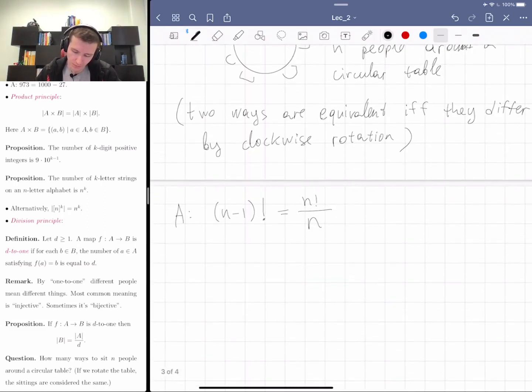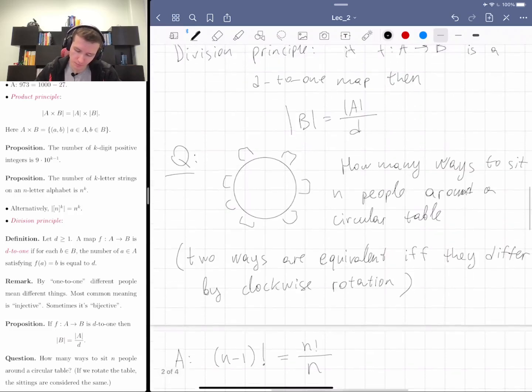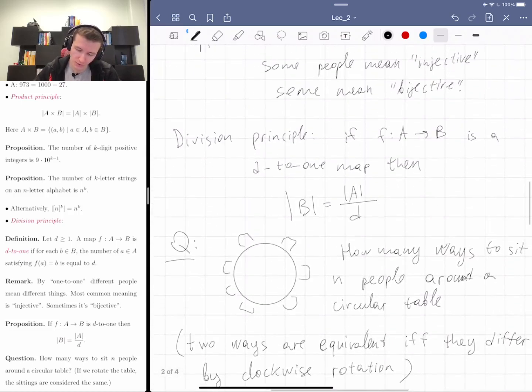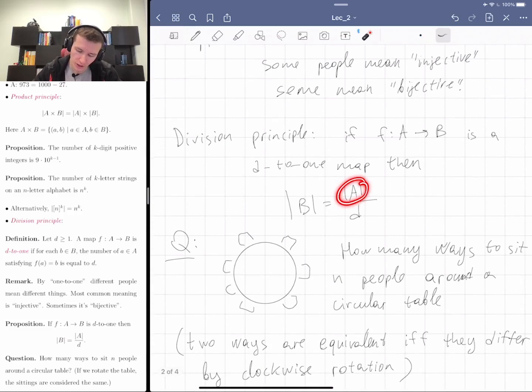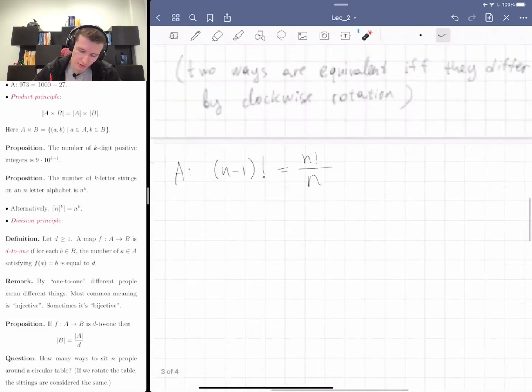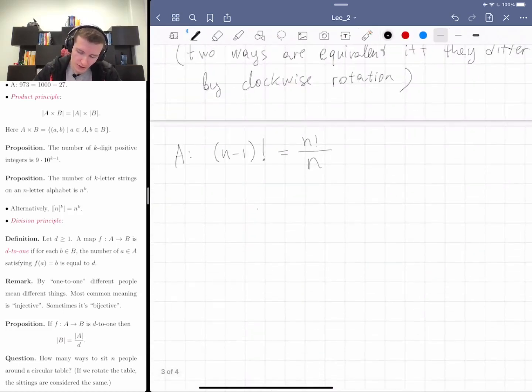So in other words, how do we get here? You have to tell me what is A and what is B, or maybe I have to tell you. So the set A is just the set of all permutations on n letters, right?